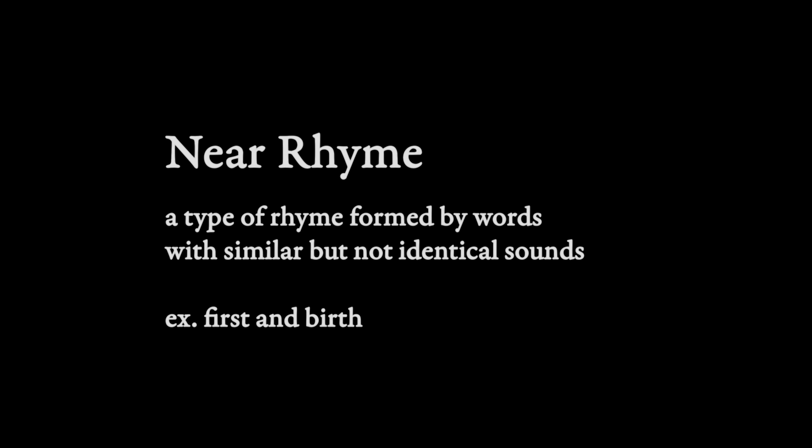You can get away with a near rhyme or 2 in a Petrarchan sonnet, because you don't want to be forced into writing something that's just a forced rhyme. It's better to use a near rhyme than to force it.